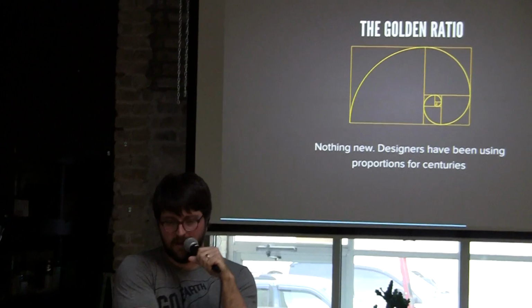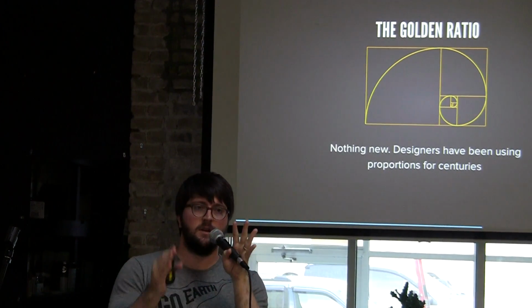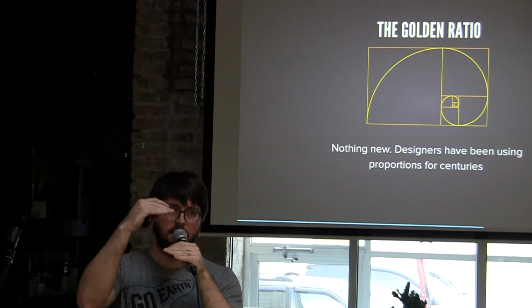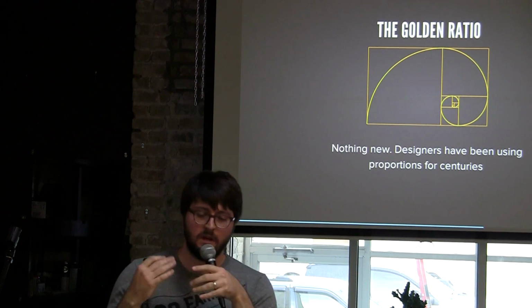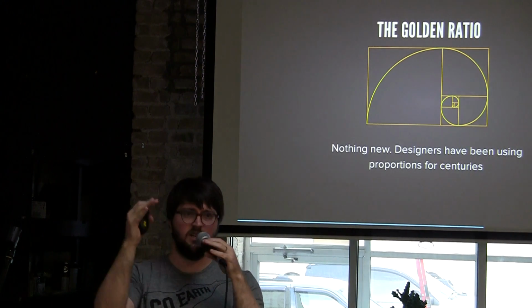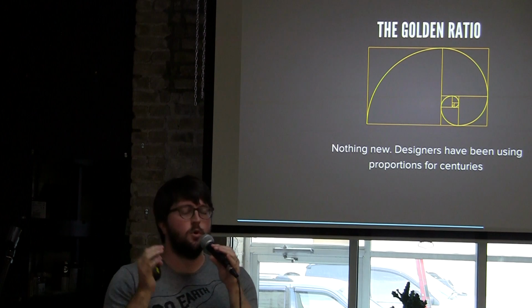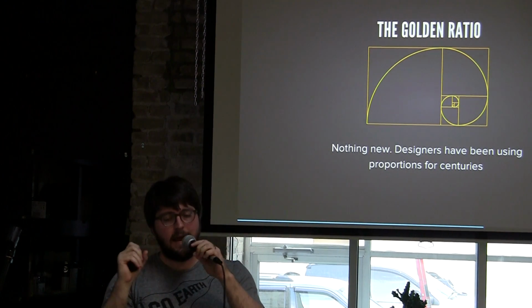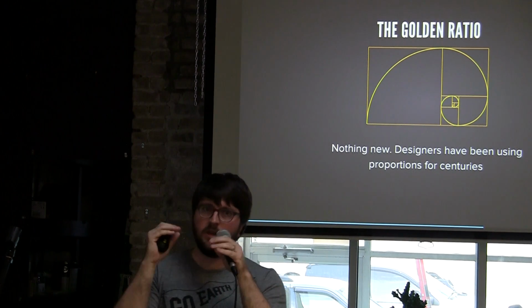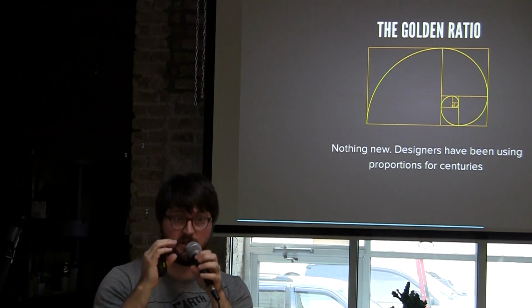In design, we've been thinking in proportions for a really long time. So this balances this. In responsive web design, you're not building pixels and you're not building a PSD. You think of it more like I'm building a ratio. I'm building a proportional design. I'm building proportions that work together.